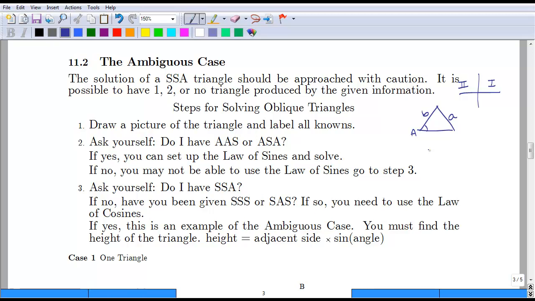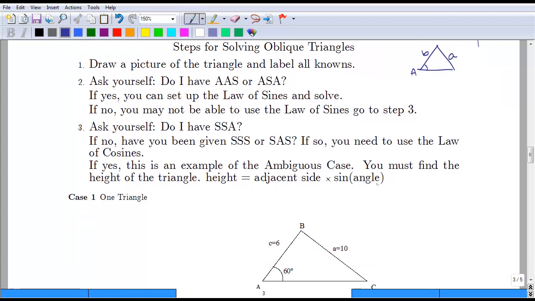But if not, ask yourself, do you have side, side, angle? If so, you need to look at this ambiguous case. We're going to find the height, the minimum this would need to be a right triangle, by taking the adjacent side, in this case b, times the sine of the angle given. And we're going to ask ourselves several questions.